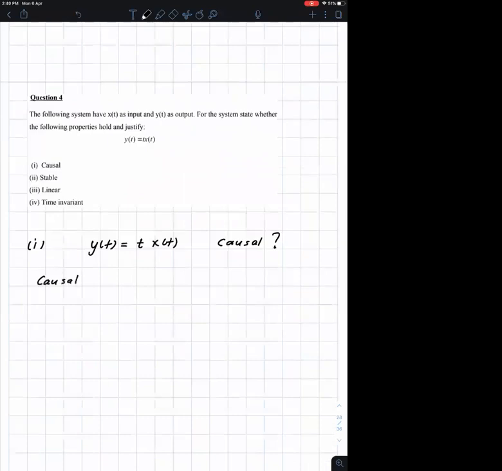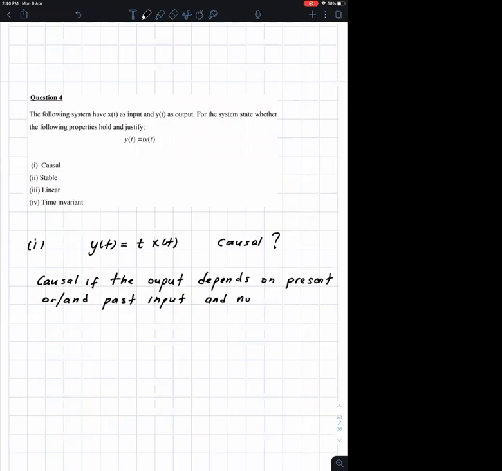A system is causal if the output depends on present or past input, and not future.